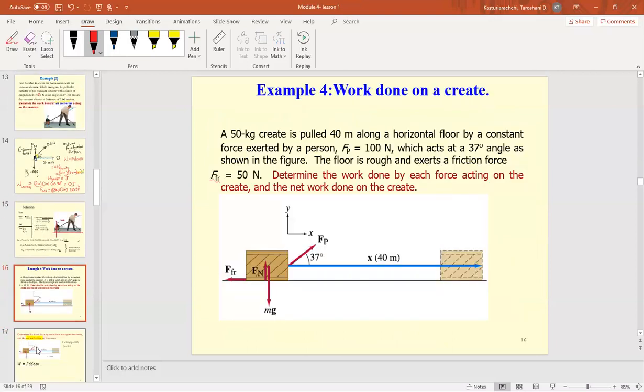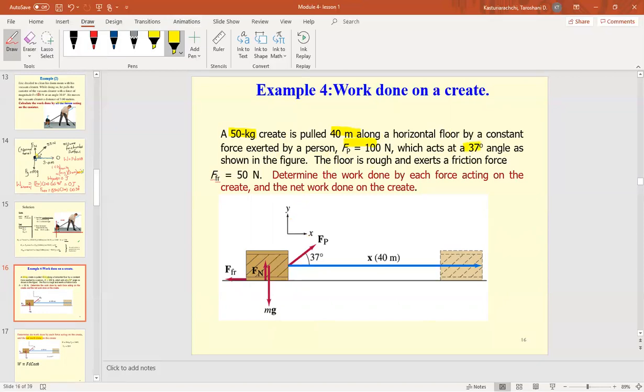Okay, similar problem. Let me read the problem and let's do it in a different slide. Okay, you have a 50 kilogram crate. Write down or highlight or note down everything, whatever the given information. You move it 40 meters and you are applying 100 newtons at 37 degrees.